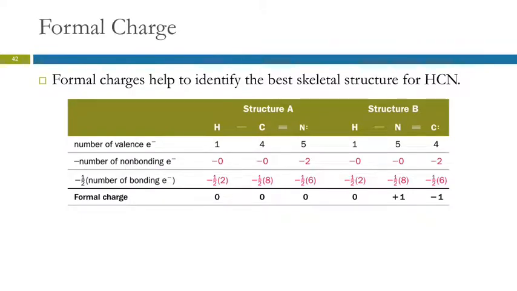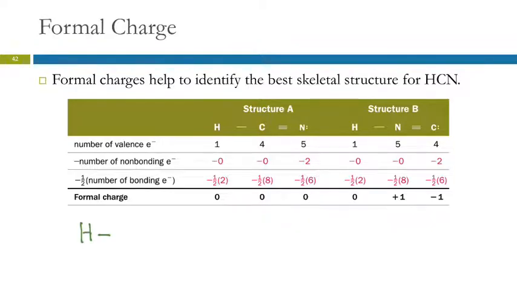So formal charge is a way to help us figure out what is the best Lewis structure. Because for some of these, you can draw different ones. And so here we've drawn two different ones for hydrogen cyanide. Here's carbon in the middle or nitrogen in the middle. So I'm going to redraw those down here.